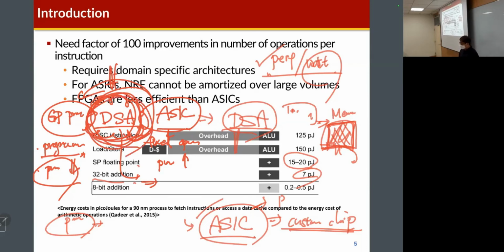It will just focus on specific operations in a certain domain of applications, and accelerate them.